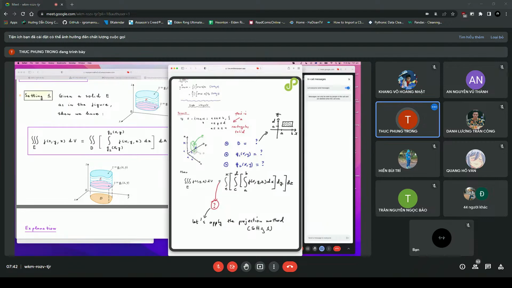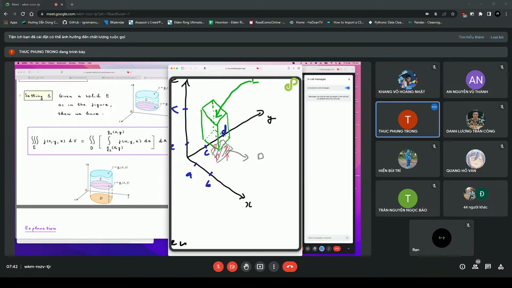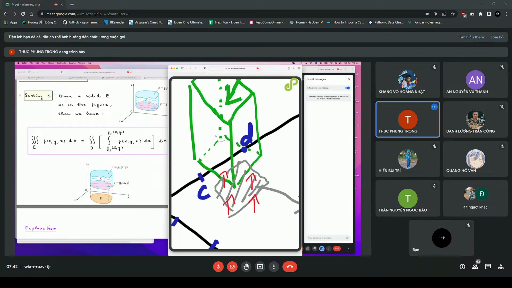Now let's see what we have for the function z1 of x, y, the lower surface. We need to go up, or you can say we look at the surface from below. We always meet this surface first, the base of the rectangular parts, so this is definitely the lower surface.